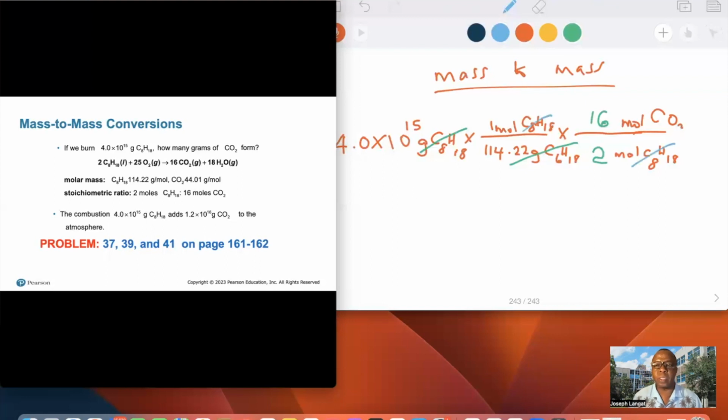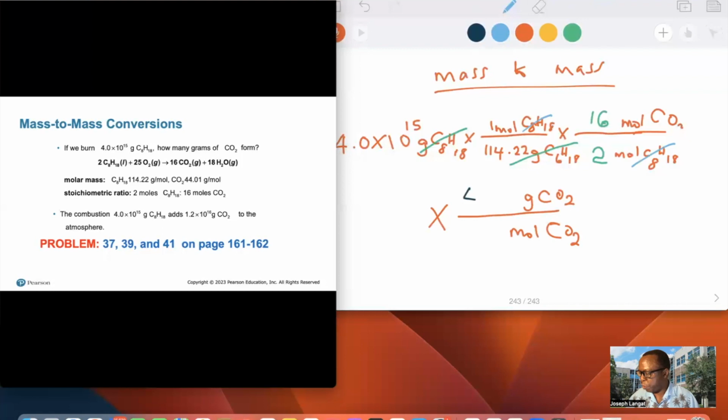You see how I'm canceling out that. And then the last conversion factor here is times the molar mass here. Molar mass of, we want to get rid of moles of CO2. This is grams of CO2.